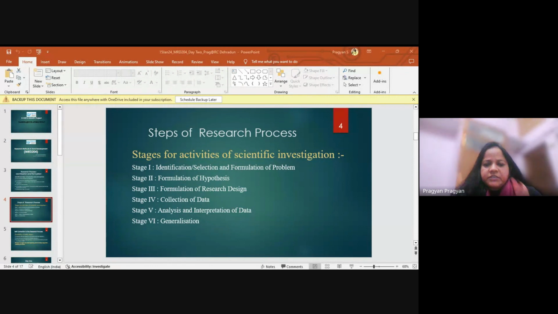Let's discuss something again in the name of self-correction. Why do we call social research a self-correction process? After stage one, stage two and stage three, when we start conducting our field study and collecting data, we find that there is something very important that we have not defined as a variable in our research.